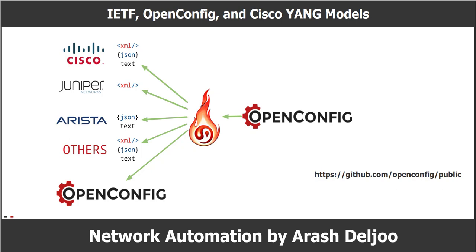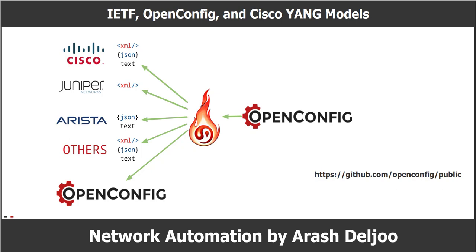The developed YANG data models combine both configuration and operational data with support from multiple routing vendors such as Cisco, Juniper, and Arista. OpenConfig collaborates with standard bodies and network equipment manufacturers.